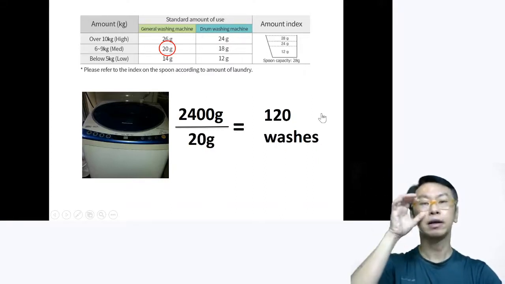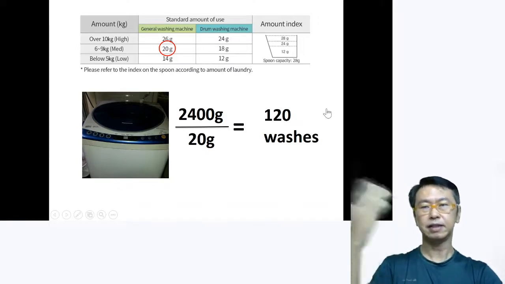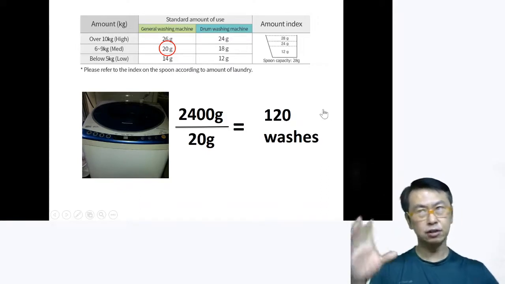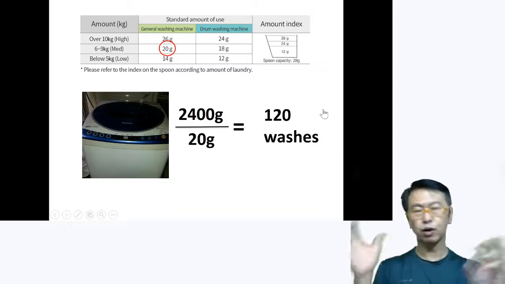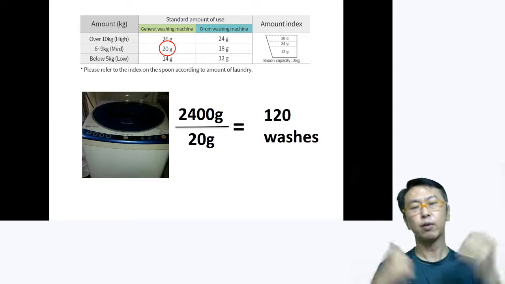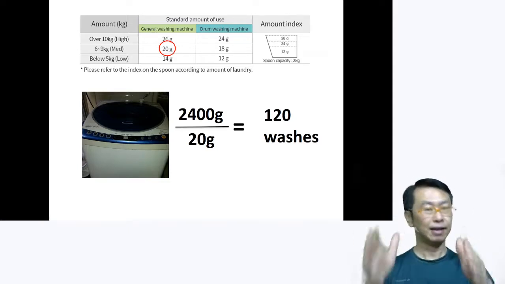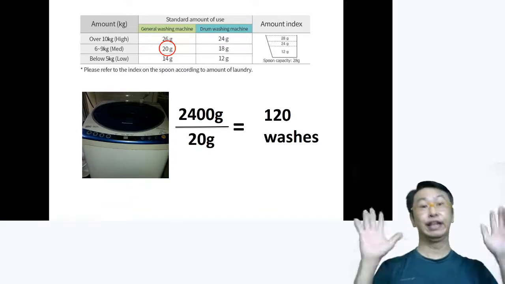You go and calculate how many washes this commercial detergent can do for your clothes. You just take the volume, your weight, do a calculation of how many washes, and calculate the cost per wash, and you can tell whether Atomy washing detergent saves you money. For my own calculation, it saves money.